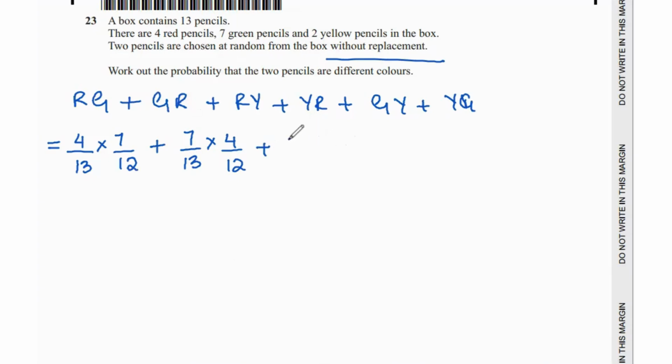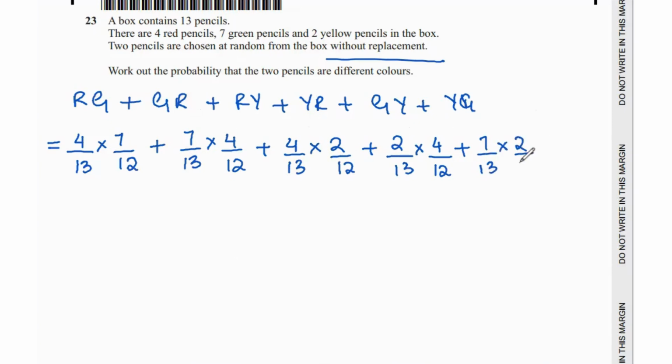Then red again, 4 out of 13. Yellow would be 2 out of 12, or 2 out of 13 times 4 out of 12, or 7 out of 13 times 2 out of 12, or 2 out of 13 times 7 out of 12.